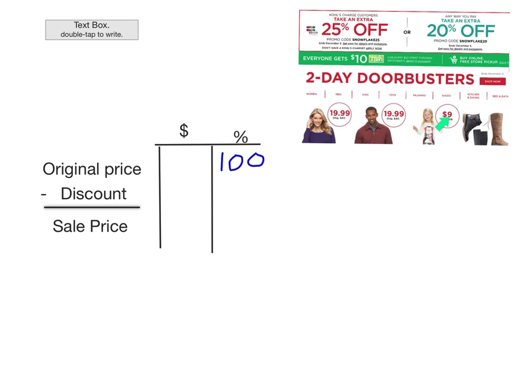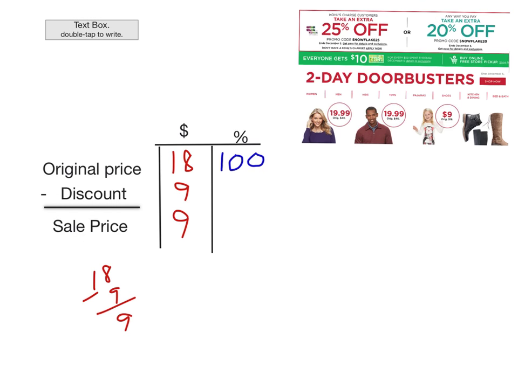And then you're going to pay $9, so the sale price is 9. The discount, we would have to subtract those two and go back and get the discount. So it would look like this: 18, sale price. If I do 18 minus 9, I get 9. So my discount was also $9.